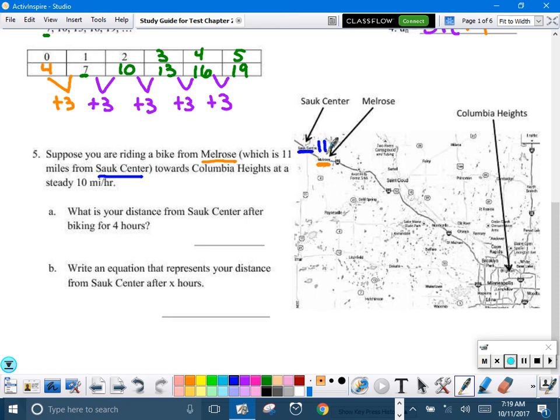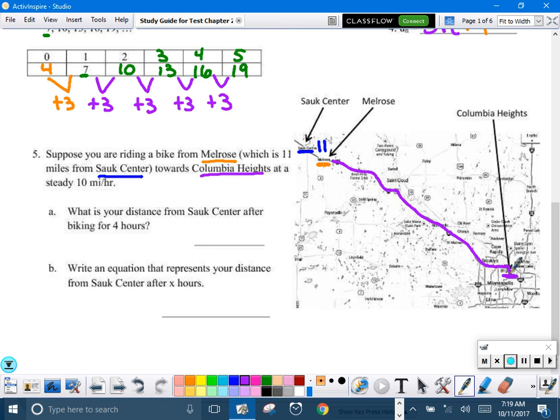That's 11 miles between Melrose and Sauk Centre. Now, you're riding towards Columbia Heights. All right, Columbia Heights is right down in here, lower right corner. So you're going to ride a bike. Granted, you can't ride on the interstate, but imagine that we were.